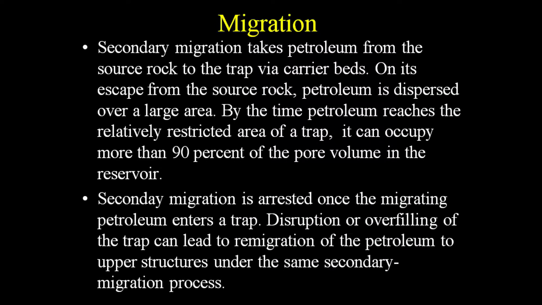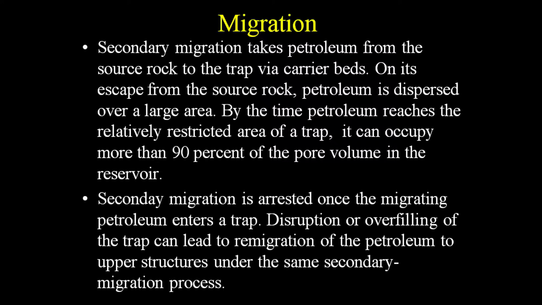Secondary migration takes petroleum from the source rock to the trap via carrier beds. On its escape from the source rock, petroleum is dispersed over a large area. By the time petroleum reaches relatively restricted areas of a trap, it can occupy more than 90% of the pore volume in the reservoir.